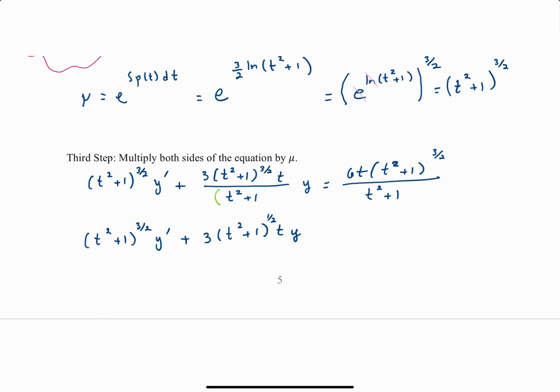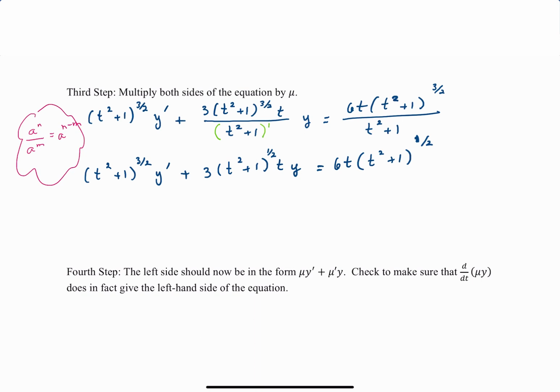The t squared plus 1 in the denominator has an invisible 1 power, and so I just subtracted the exponents using the rule that hopefully you know, that a to the n over a to the m equals a to the n minus m. Then we have equals 6t, and again canceling by using the rules for exponents, I get a (t squared plus 1) to the 1/2 power.